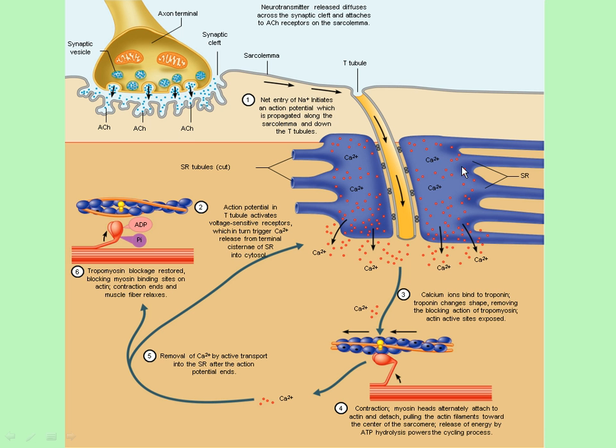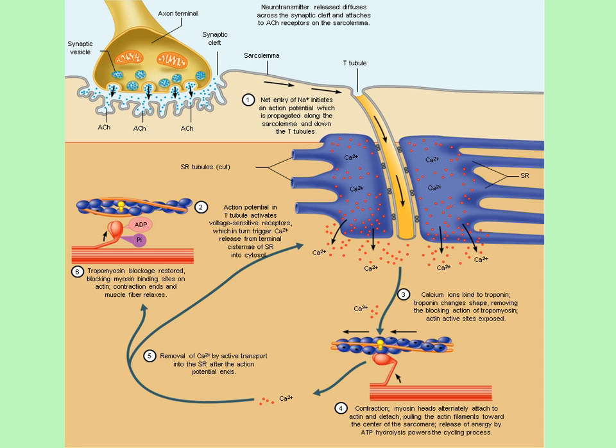The calcium goes to the myofibrils, the actin and myosin, and binds to troponin and causes tropomyosin to get out of the way, which then allows the myosin, this red thing down here, to bind to actin, creating a cross bridge. Then the myosin and actin slide against each other, the myosin pulls the actin and creates a contraction.